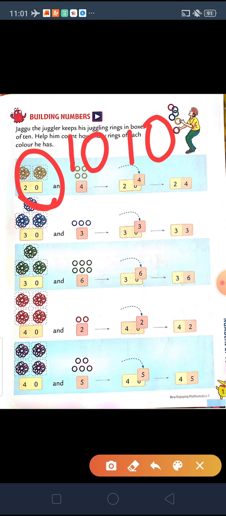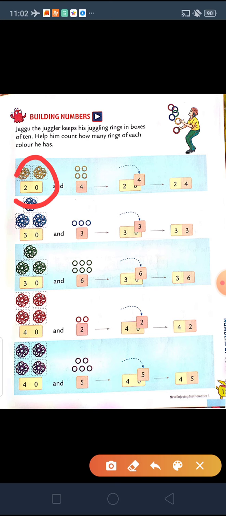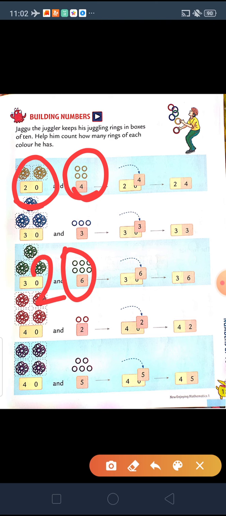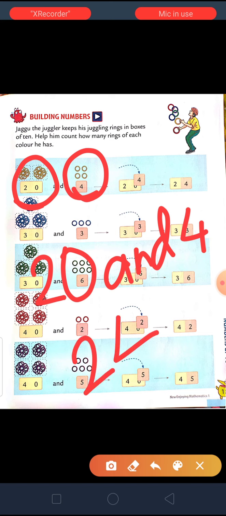So here he has made groups of 10, one group of 10 and the other 10. So here a total of 20 are separate and an extra 4 are there. If we say 20 and 4, it means 24.